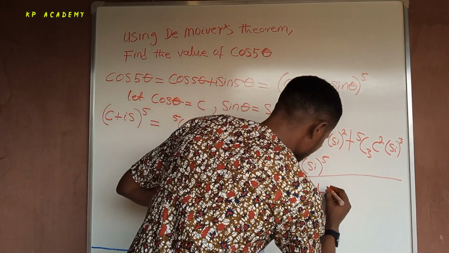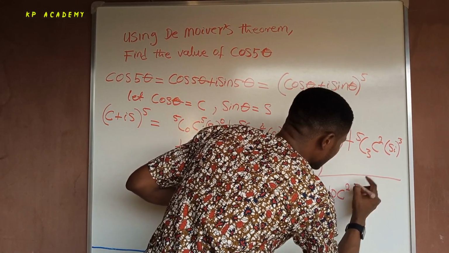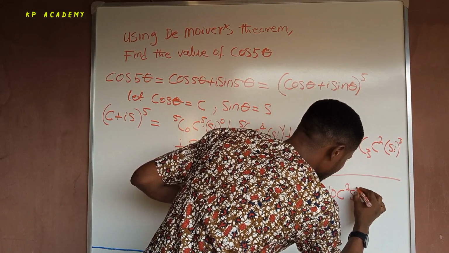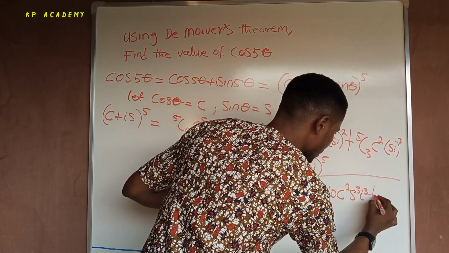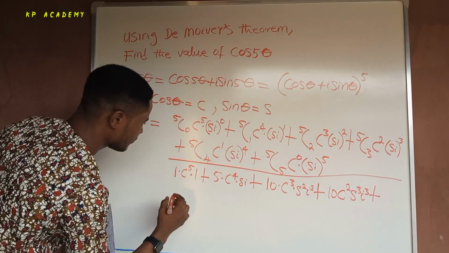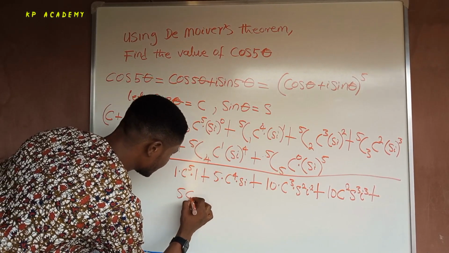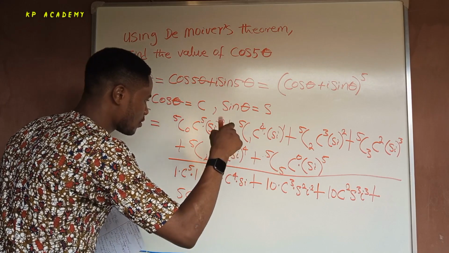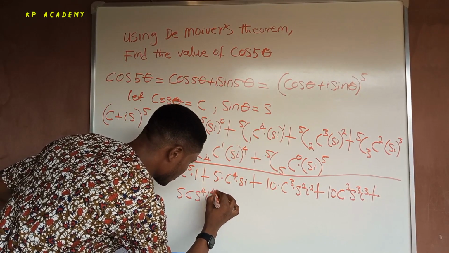Plus 5 combination 3 is also 10, times C squared, times (iX) cubed, that is X cubed i cubed. Very important. Plus 5 combination 4 is 5, times C to the power 1, which is C, times (iX) to the power 4, which is X to the power 4 times i to the power 4.